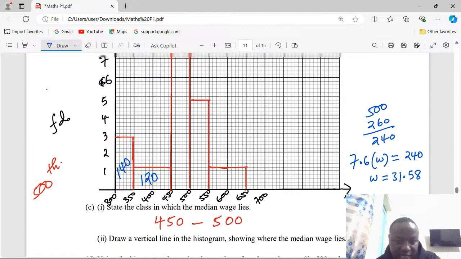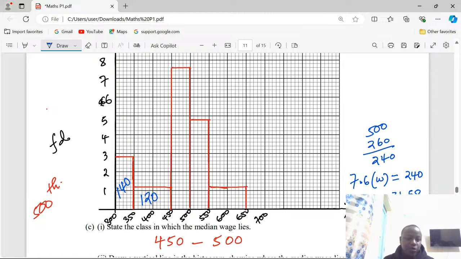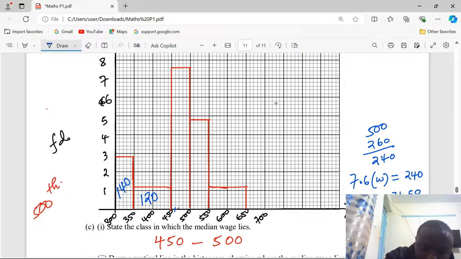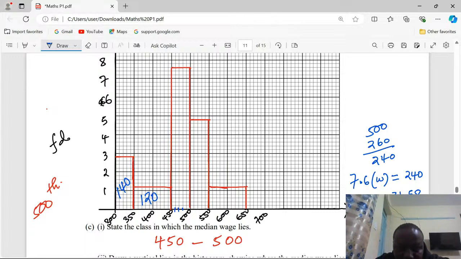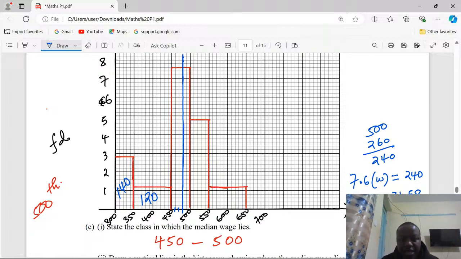Now, when I look at the scale used on the horizontal axis, a small square is 10 units, so it means this is going to be 10, 20, 30. So that is where the line is going to lie. Remember, we are estimating. So the line is going to be there. This is the line showing the median.